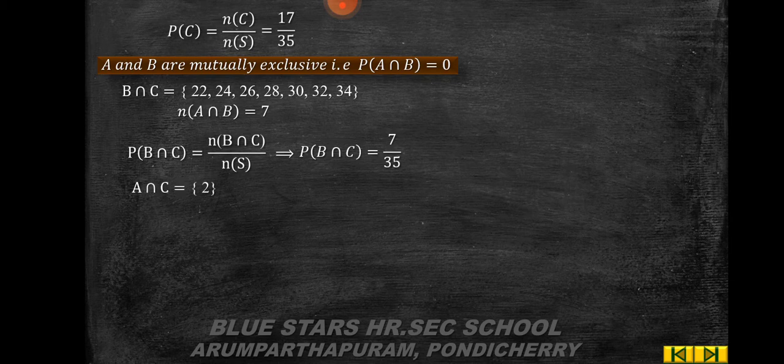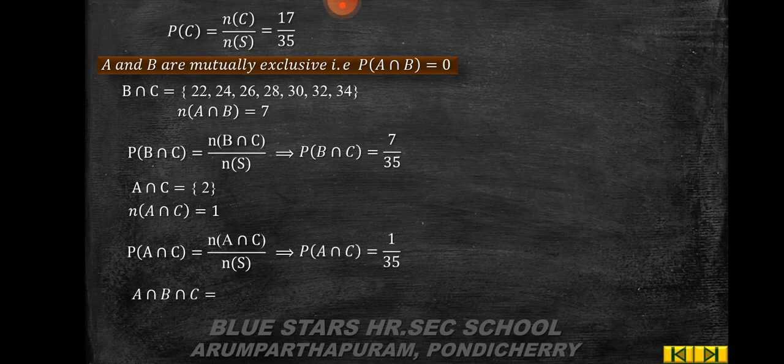Next, A intersection C is 2. N of A intersection C is 1. P of A intersection C is 1 by 35. A intersection B intersection C is empty. So n of A intersection B intersection C is 0. P of A intersection B intersection C is also 0.